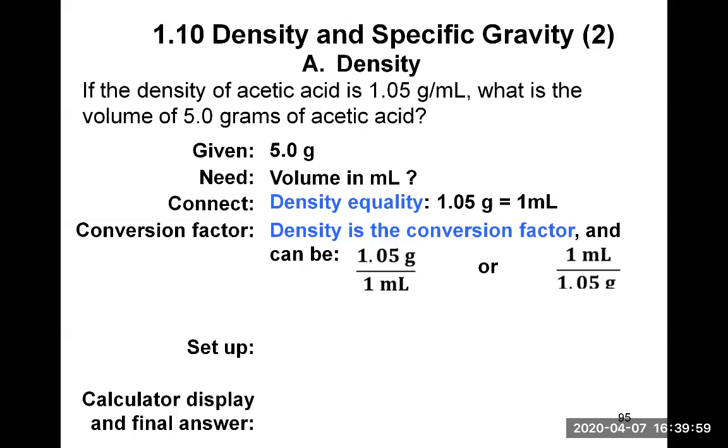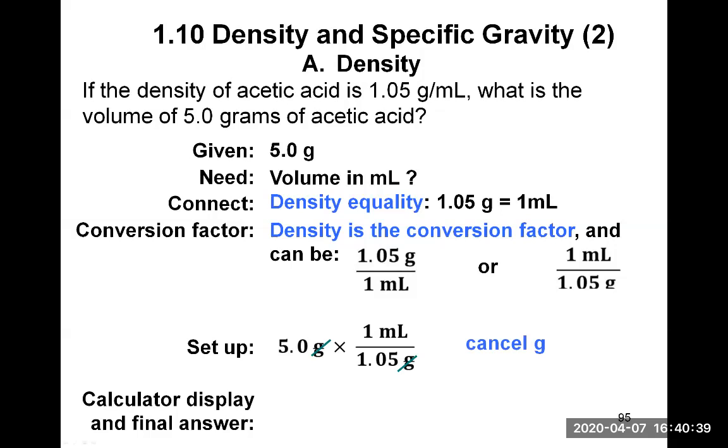We need to decide which of these 2 we will use, and for this, we look at our given amount. The given amount is written first and then multiplied by one of these conversion factors, and we choose the one that allows us to cancel the grams. That's going to be the second one. So 5 grams of acetic acid times 1 milliliter over 1.05 grams. We know it's correct because we can cancel the grams.